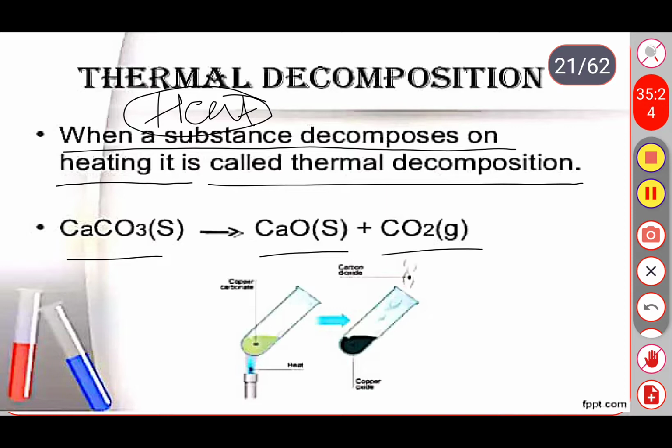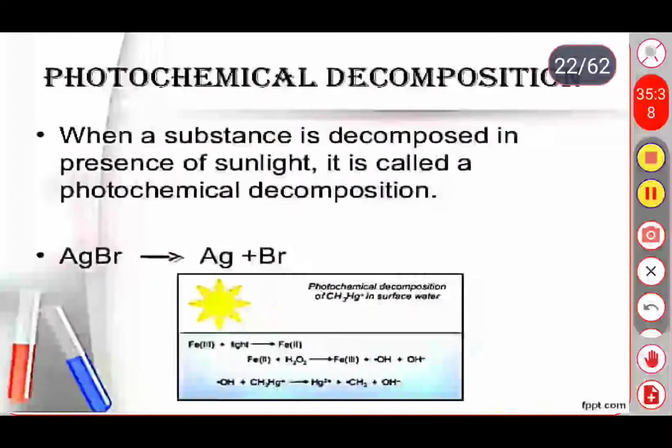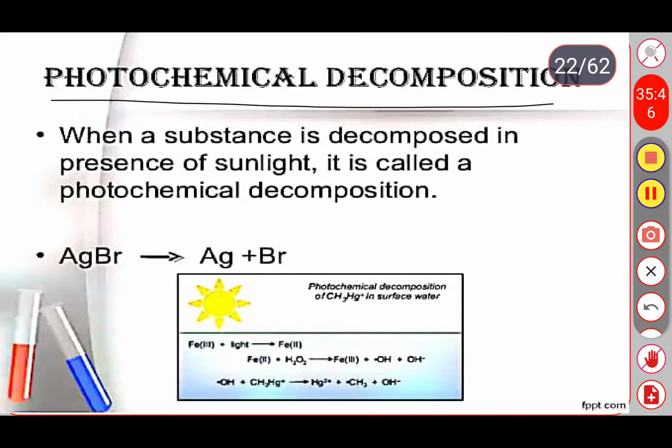Okay, see the next type of decomposition reaction, that is photochemical decomposition. Photochemical means in presence of sunlight. When a substance is decomposed in presence of sunlight, it is called photochemical or photolytic decomposition.